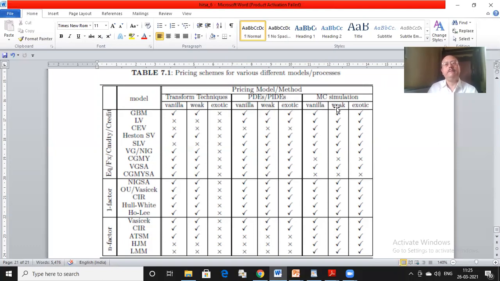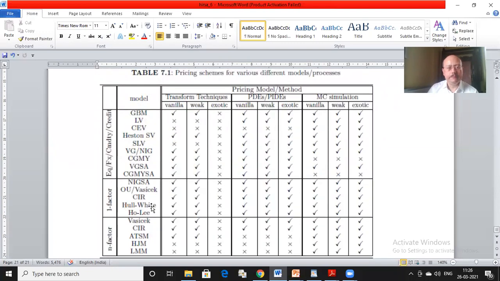And finally, with Monte Carlo simulation, I can do most of the things except where CGMY models are involved, because for CGMY models, Monte Carlo simulations are not very stable. There are convergence problems. So under the CGMY model, you are better off looking at the PDEs or PIDEs rather than doing Monte Carlo simulation.